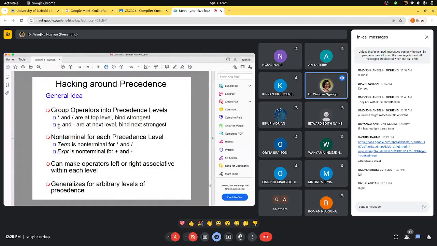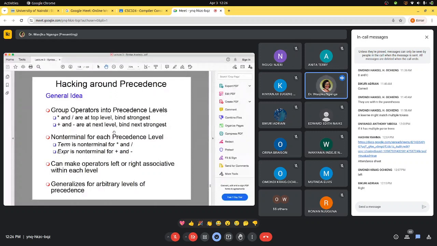We have plus or minus at the next level, and so on and so forth. Then you decide what the precedence ranking is. Of course we want times and division to bind first, and then plus and minus next, etc.